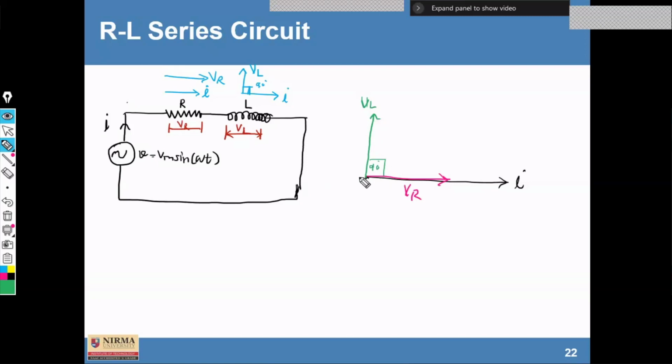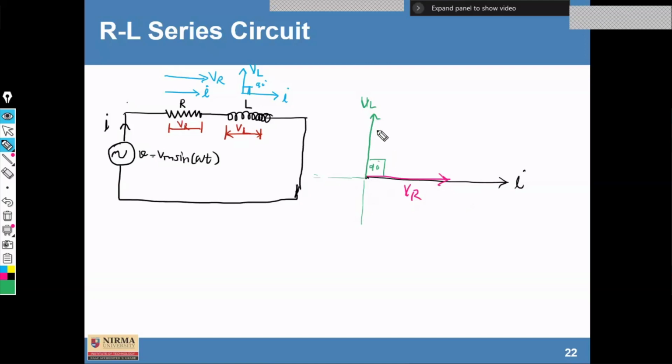So we can draw the vectors from the circuit diagram, and we can have the voltage triangle also from this. There are three different vectors: VL, VR, and I. So what is the resultant one? That is what we are going to find.